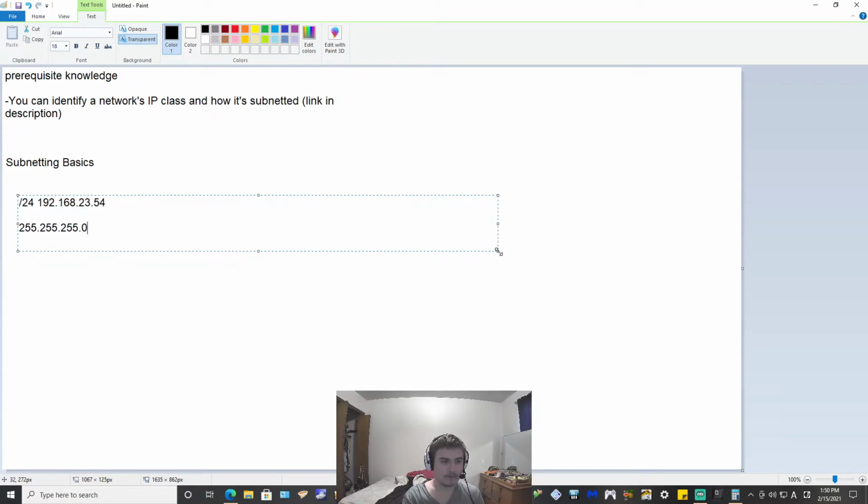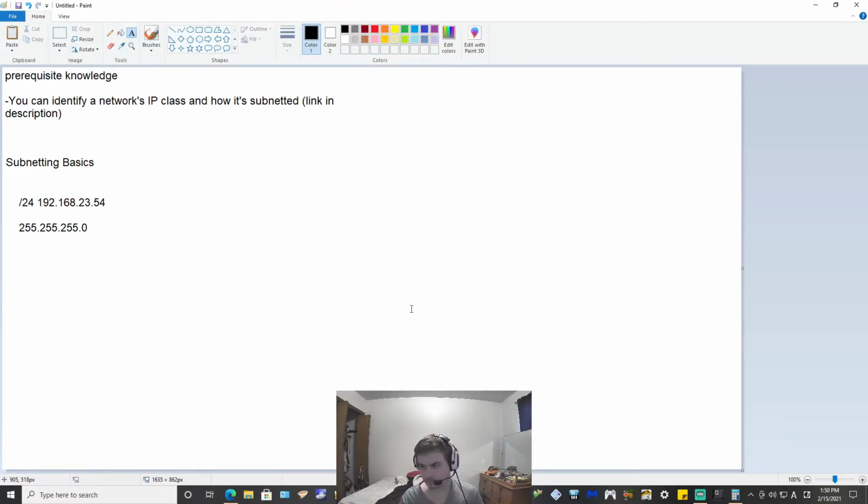So what does this mean? Well, the IP addresses use 4 octets. So let me get out my marker here. So we have 1 octet, another octet here, a 3rd octet, and a 4th octet. So IPv4 addresses use 4 octets, right? Each of these individual octets is made up of bits.